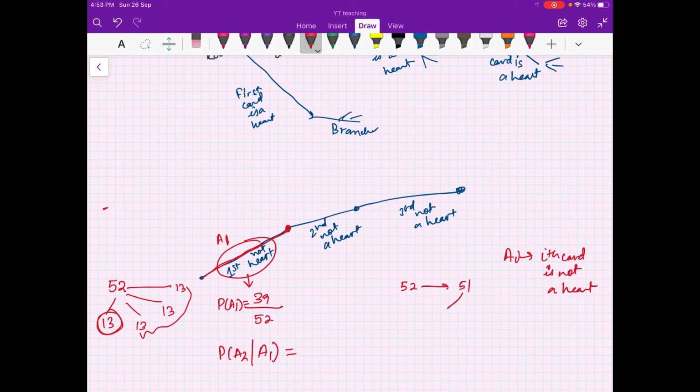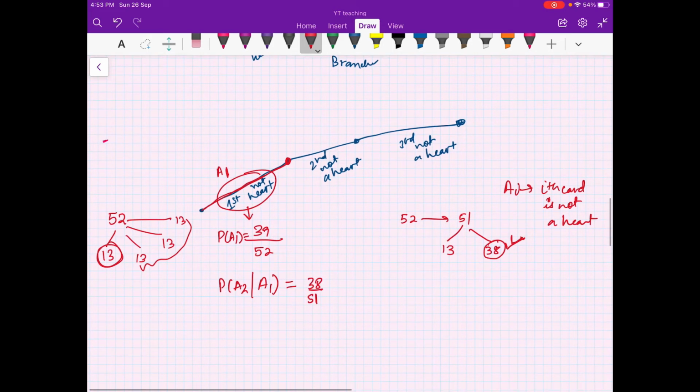And out of these 51, you are sure that 13 cards are heart, and you will be left with 38 more cards which are not heart, and you want to choose from these cards. So your probability will be 38 divided by 51. Okay, so this branch has the probability of A2 given A1 is 38 divided by 51, right?